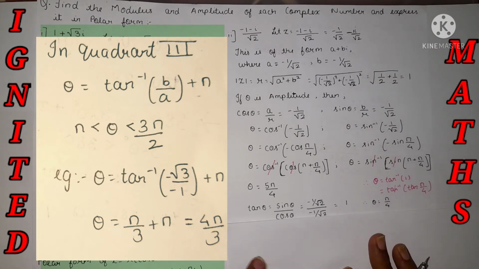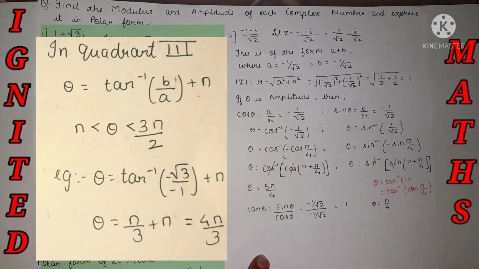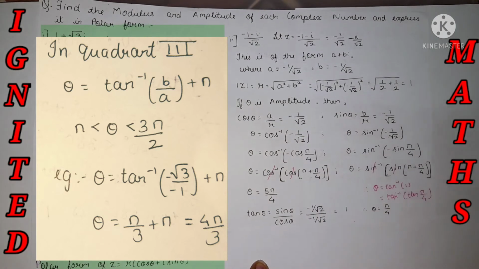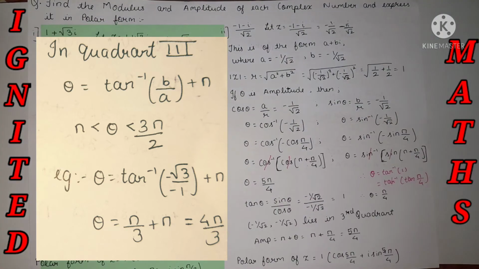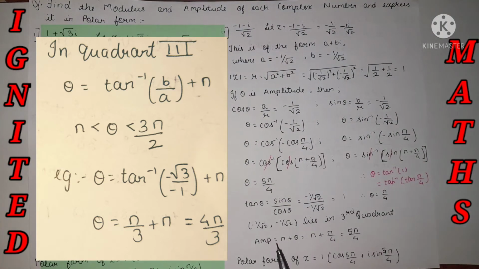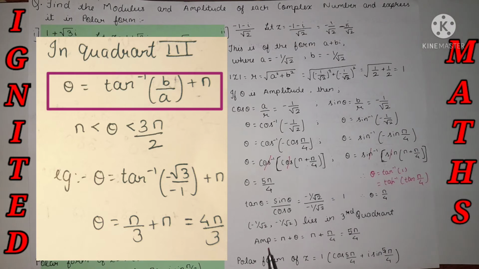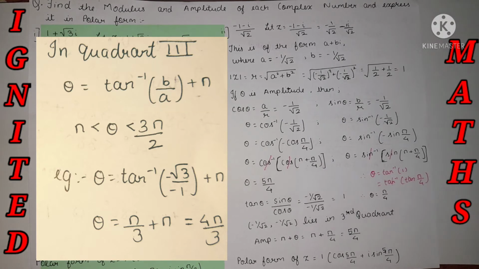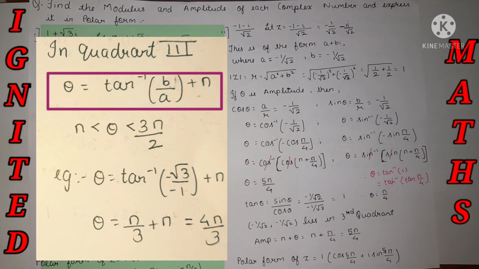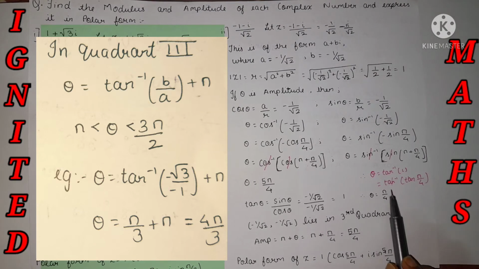Now let's do the other method. A and B lie in the third quadrant, so the amplitude value is pi plus theta. Over there I mentioned the theta as alpha and the amplitude as theta. It's absolutely the same, so don't be confused by the symbols. Theta over here is pi by 4.